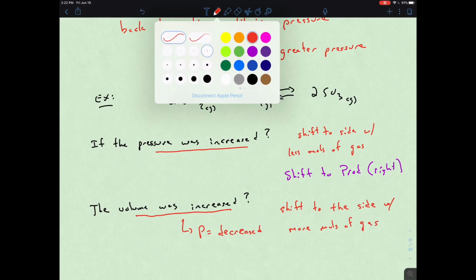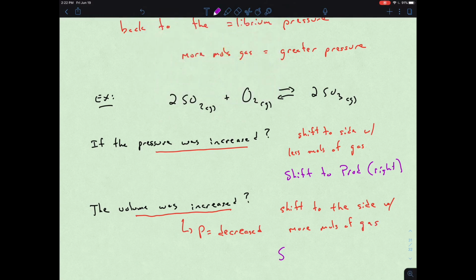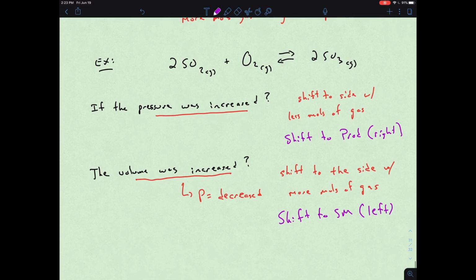And so that means we are going to now shift to the starting material side, or the left, because we have more moles. We have 3 moles on that starting material side versus 2 moles on the product side.